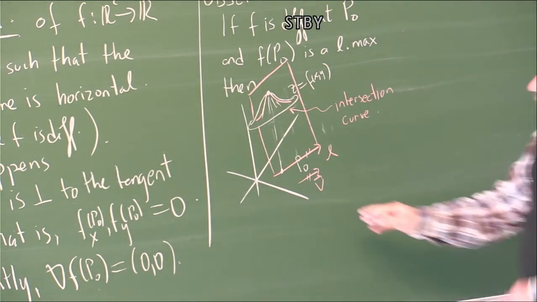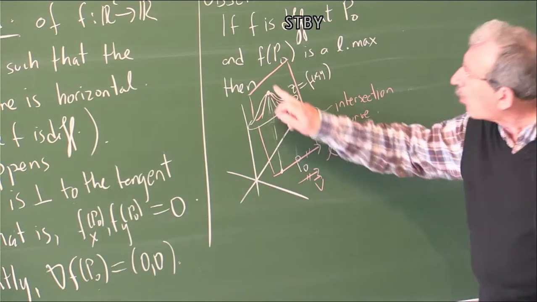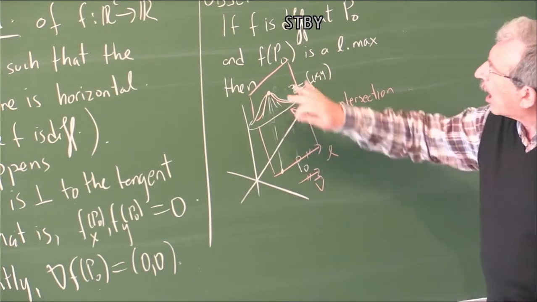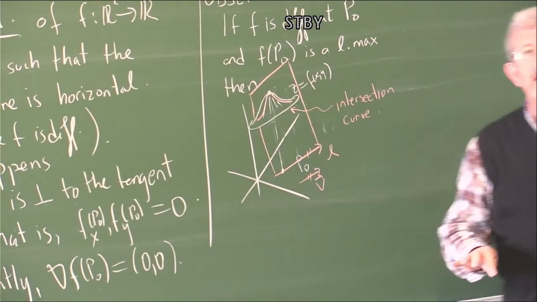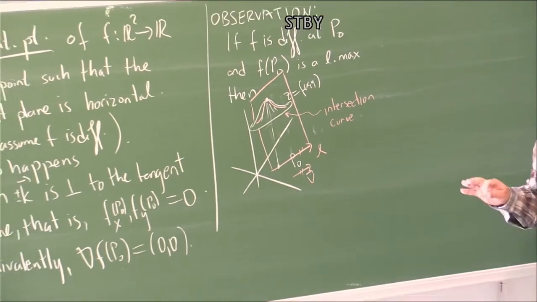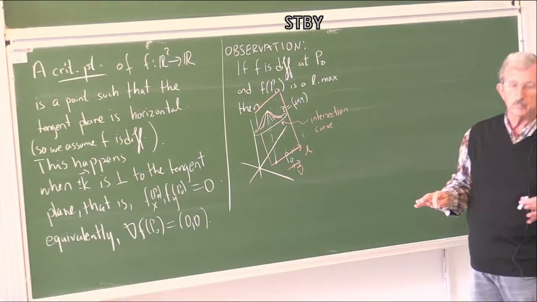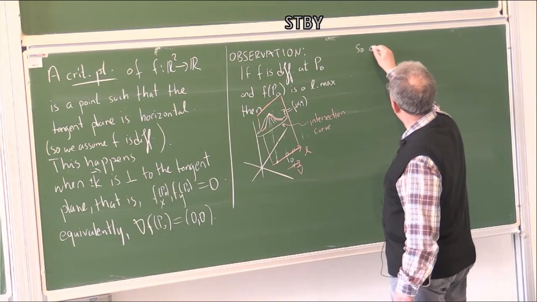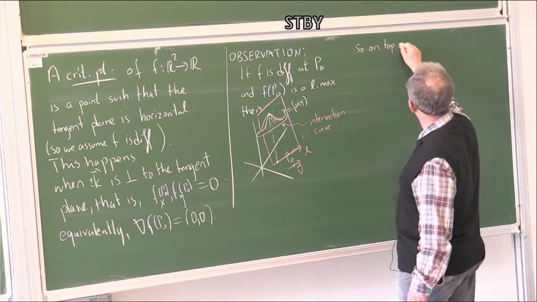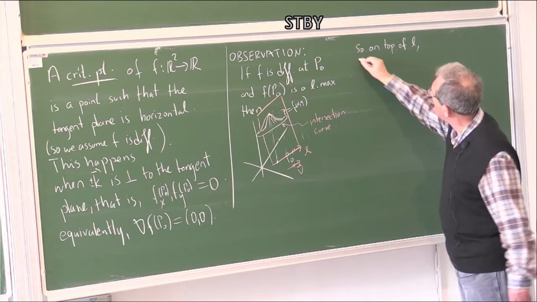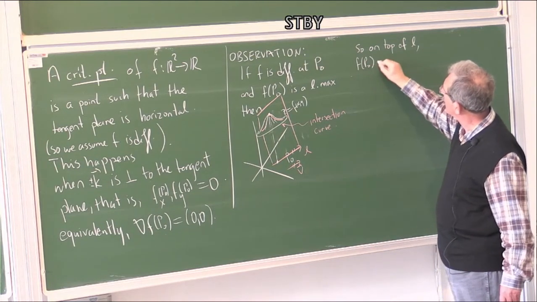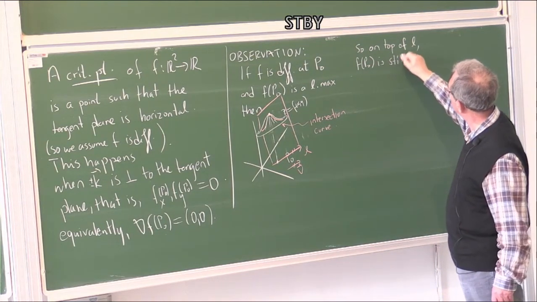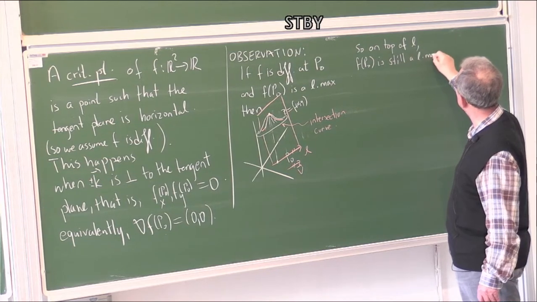Because this is the biggest value for all nearby points, on this curve we indeed get a local maximum. So on top of L, f of p0 is still a local maximum.